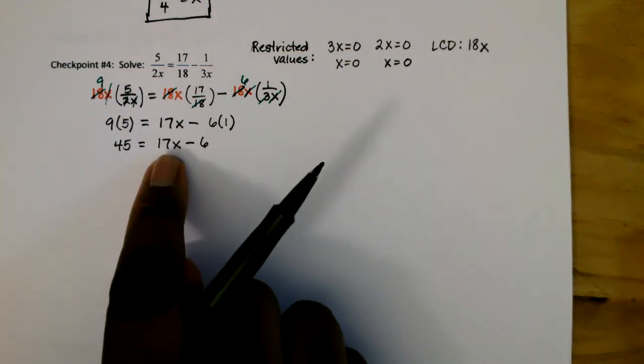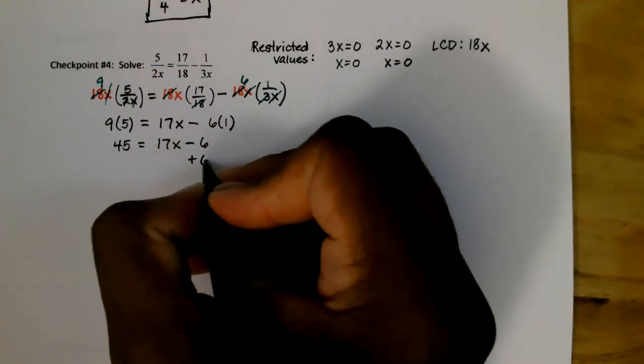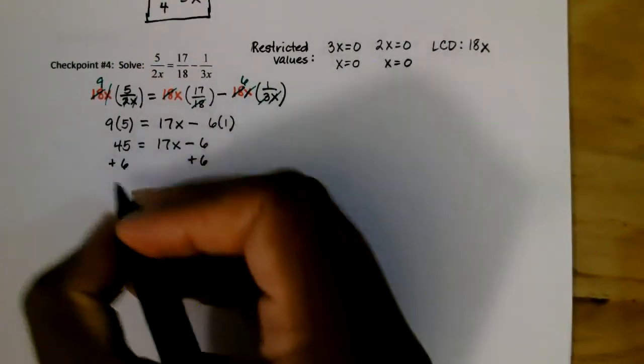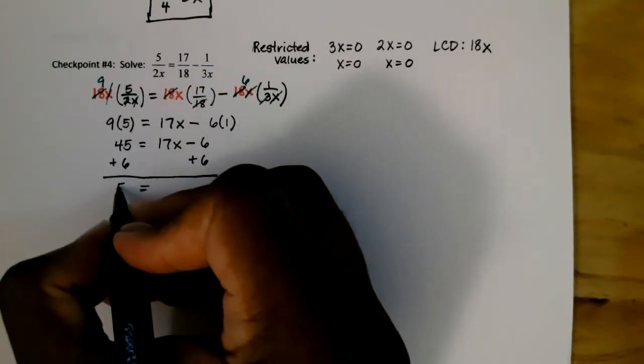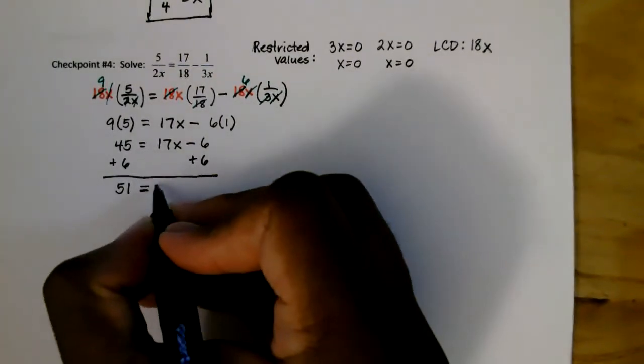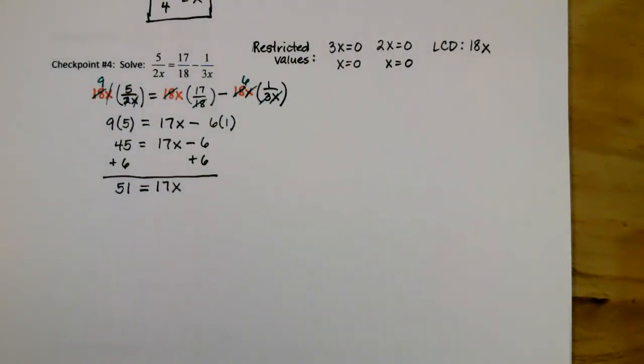Now I need to get 17x by itself. I'm subtracting 6. I need to add 6 on both sides. That will mean 45 plus 6 is 51. That will be equal to 17x, or 17x equals 51. Now to solve for x, I'm multiplying by 17.